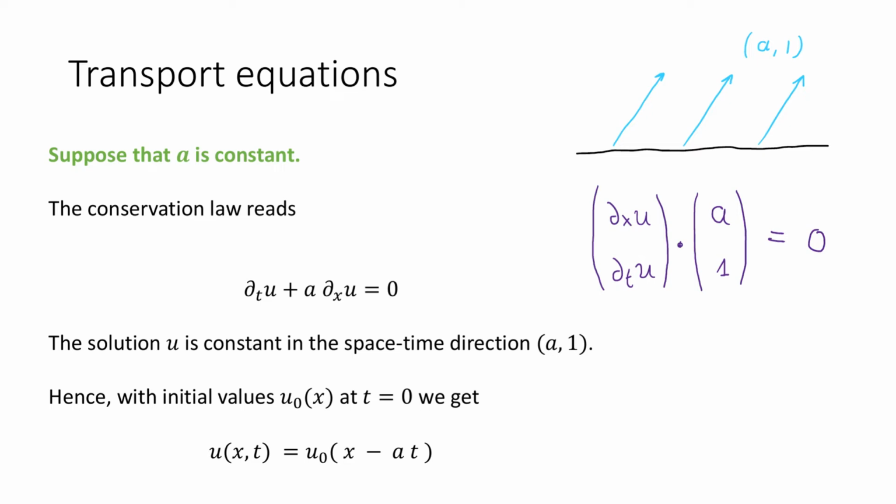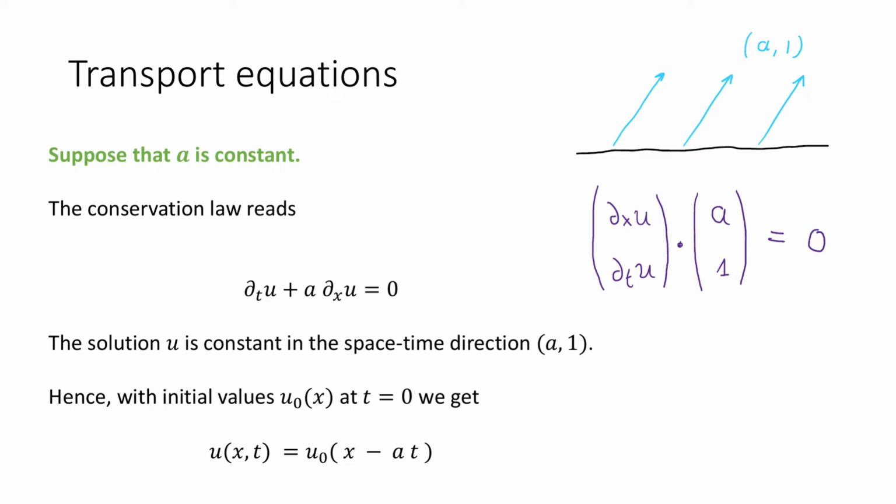And that leads us now to the introduction of characteristics. So we know that the solution must be constant in that direction. So in particular, if we introduce some initial values at time t equals 0, then we can already completely characterize what the solution u looks like at all times.